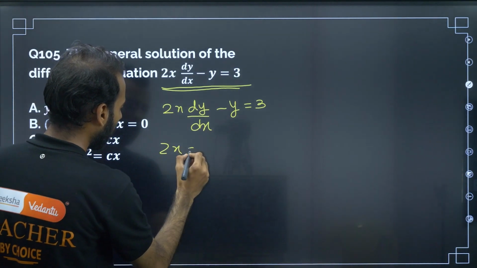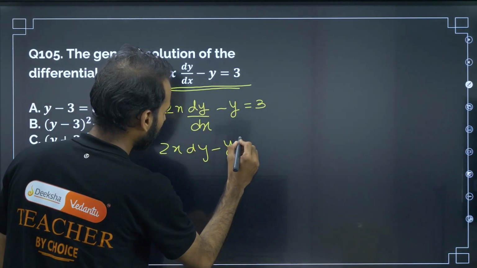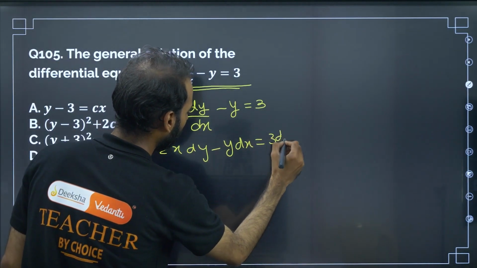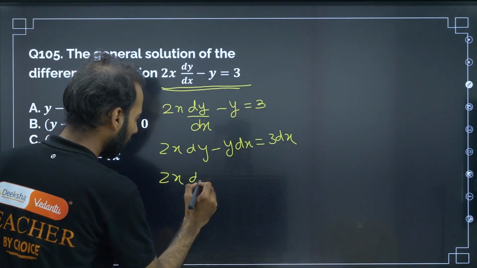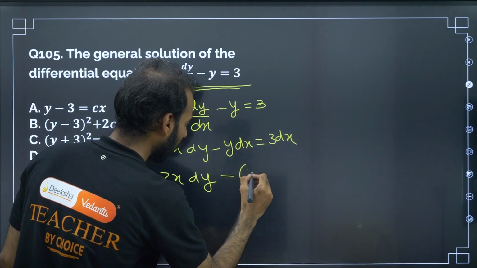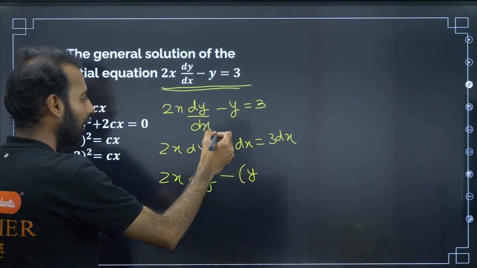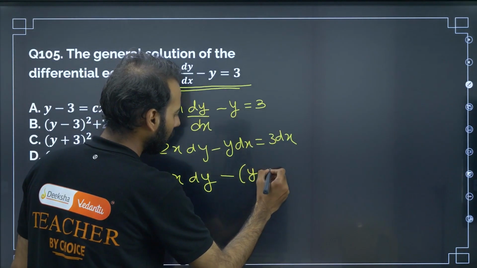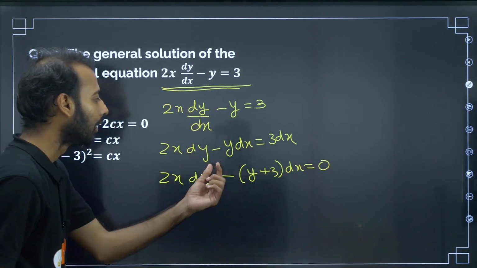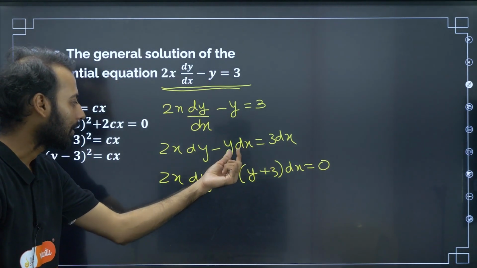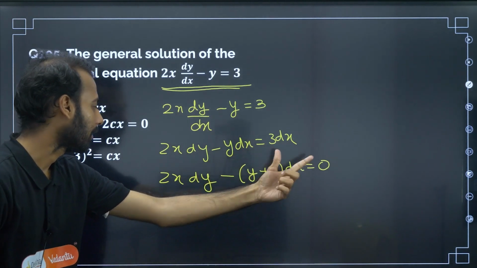Let me write it like this: 2x dy minus y dx. I am multiplying by dx on the numerator. Next, 2x dy minus y, if I take 3 to this side, plus 3 dx. See here, this becomes minus 3. I am taking minus common, so y plus 3 dx is equal to 0.